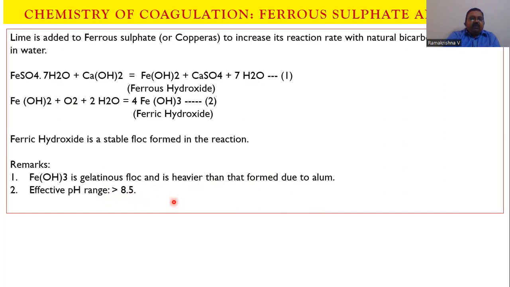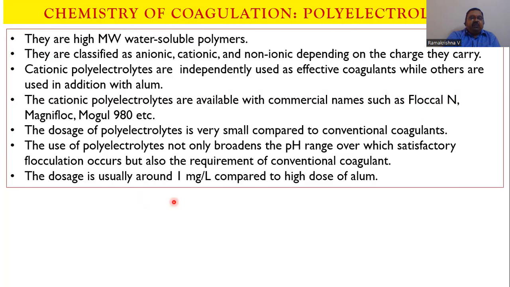The normal pH of the water is around 6.5 to 8.5. So here you require the raising of the pH in the water. Then polyelectrolytes. They are synthetic electrolytes which are developed and available commercially. They are nothing but high molecular weight water soluble polymers. They are classified as anionic, cationic, and non-ionic, depending on the charge they carry.